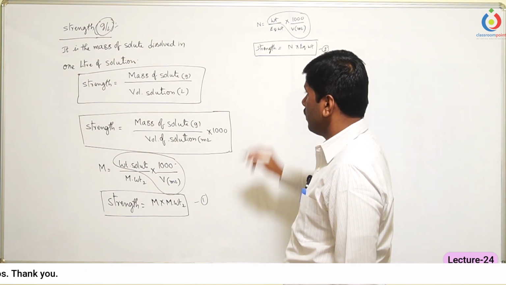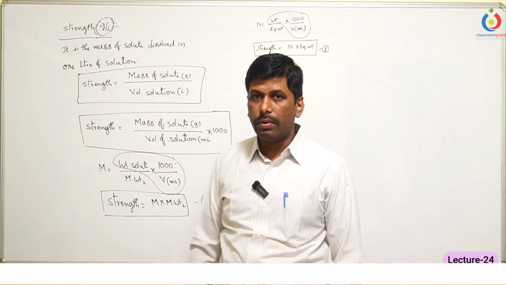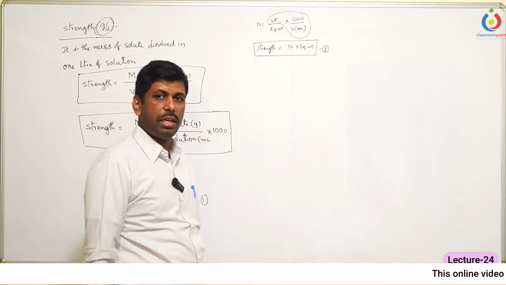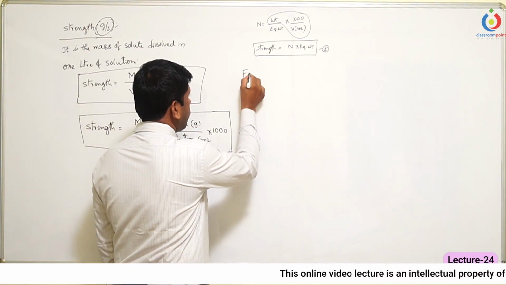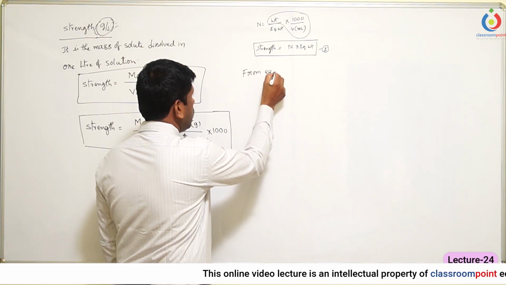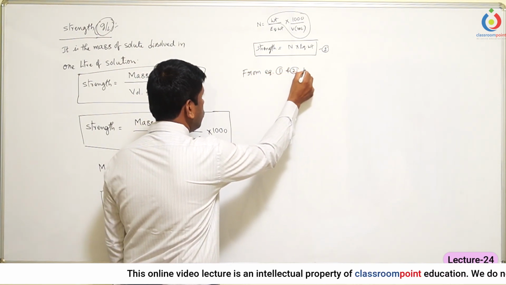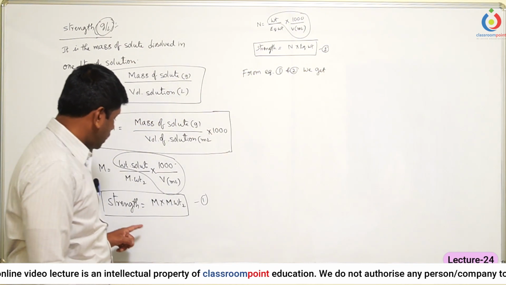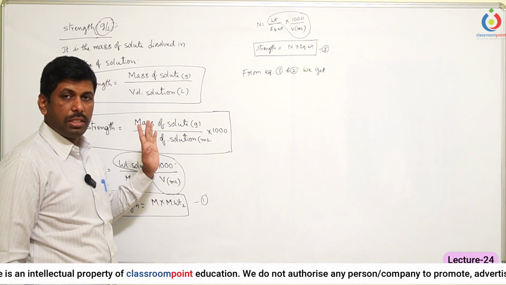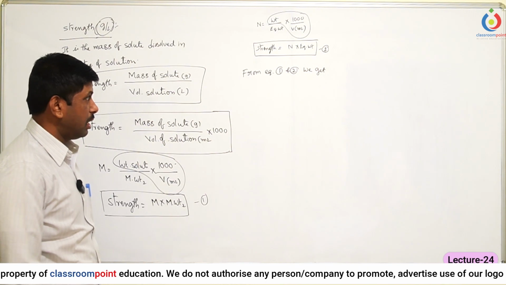From these two equations, we can get one more important equation, the relation between the molarity and the normality. From equation 1 and 2, since the left hand side term, strength, is the same, we can equate the right hand side terms.